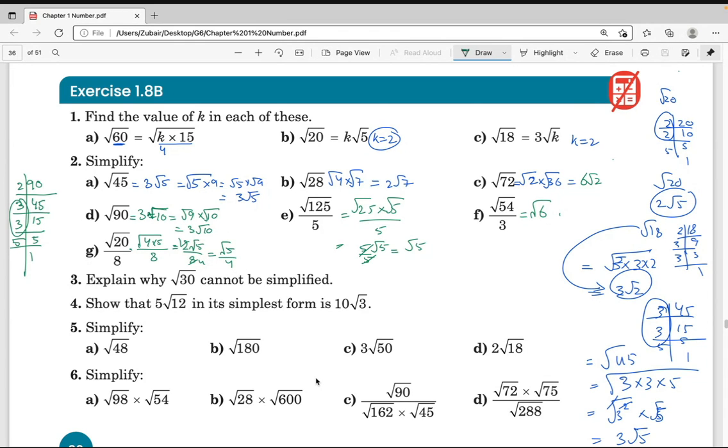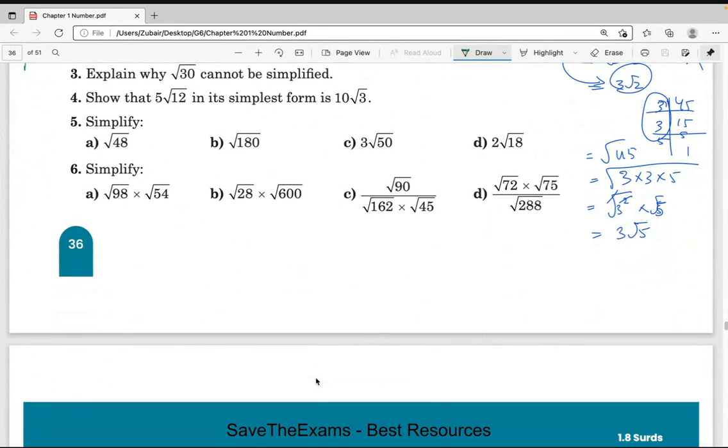Question number 3. Explain why square root 30 cannot be simplified. 30 cannot be simplified because it's not a prime. No, 30 is not prime, it is even. Oh my bad.